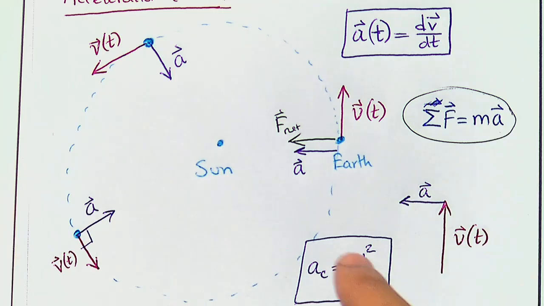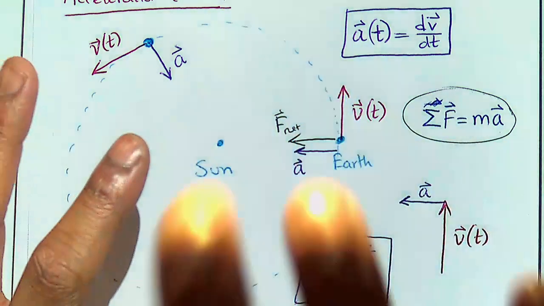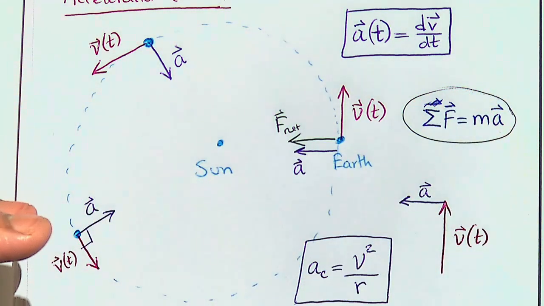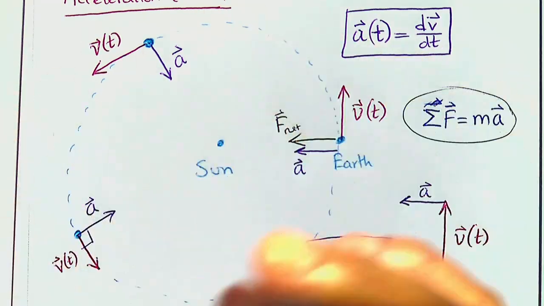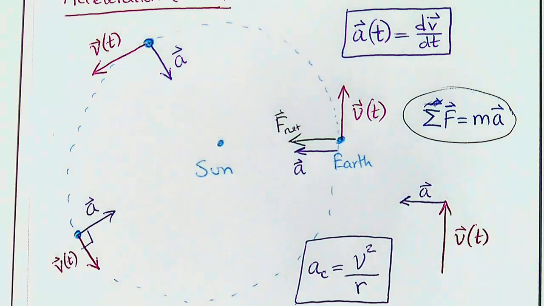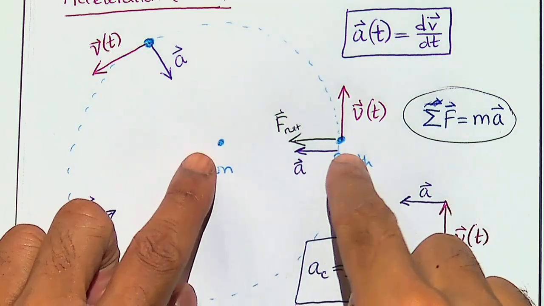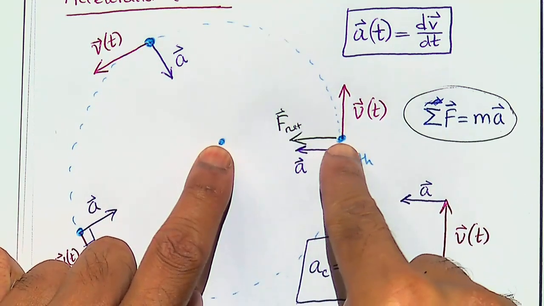If you look at an actual accurate animation, go on NASA and pull up an accurate depiction of what the Earth's orbit looks like, it looks pretty close to a circle. Just look at it. So we can more or less approximate it as a circle, meaning that the distance is not changing.